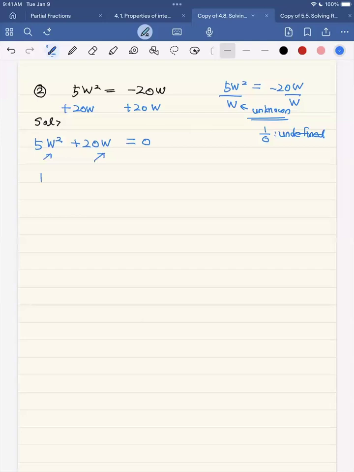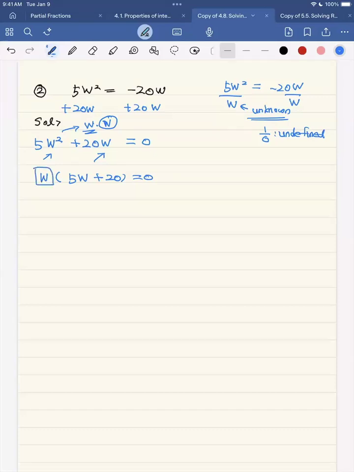So we take out W, then W times (5W plus 20), because W squared is W times W, and when W is taken out, we have 1W, equals 0.